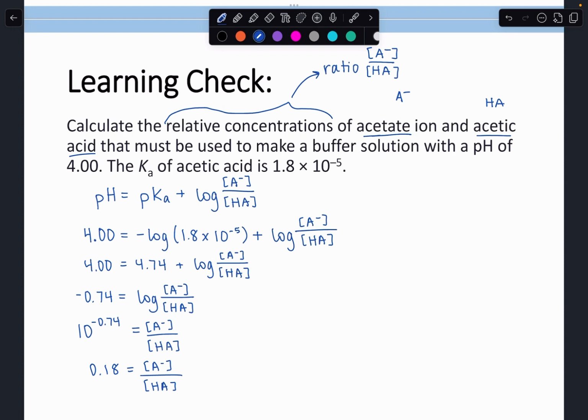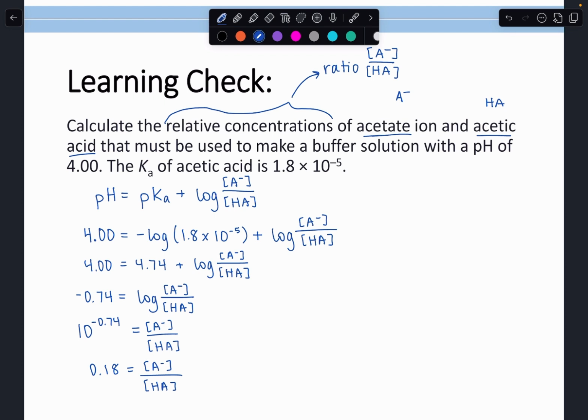So that is the relative concentration of acetate to acetic acid. For every 1 acetic acid, you need 0.18 acetate ions. Okay, so those are a couple ways to apply the Henderson-Hasselbalch equation, calculating pH or calculating relative amounts based on your desired pH, like 4 in this case.